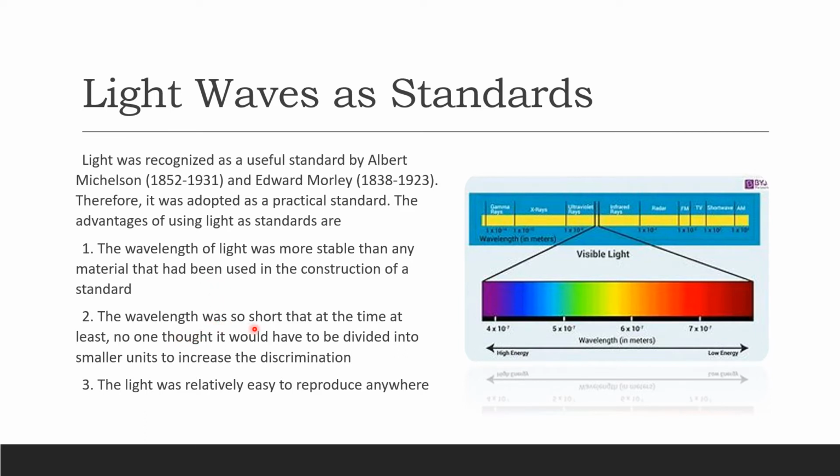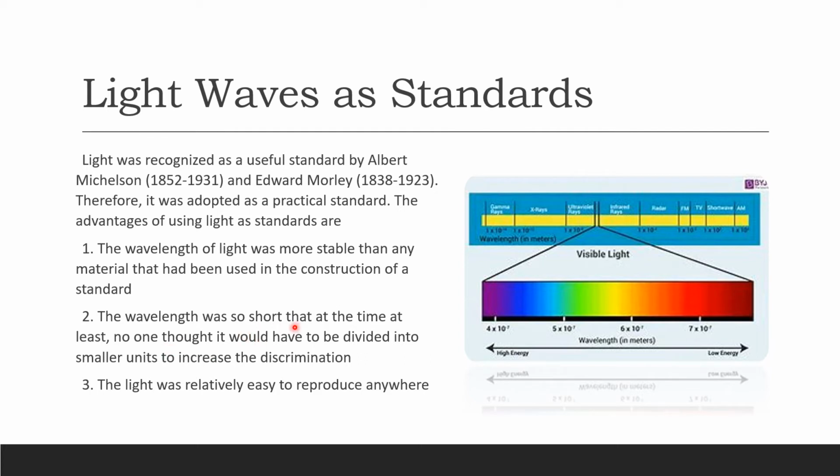The wavelength was so short that, at the time at least, no one thought it would have to be divided into smaller units to increase the discrimination, because the wavelength can go so short.